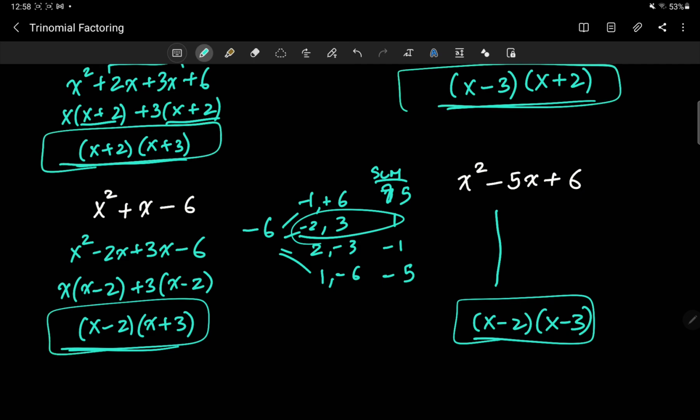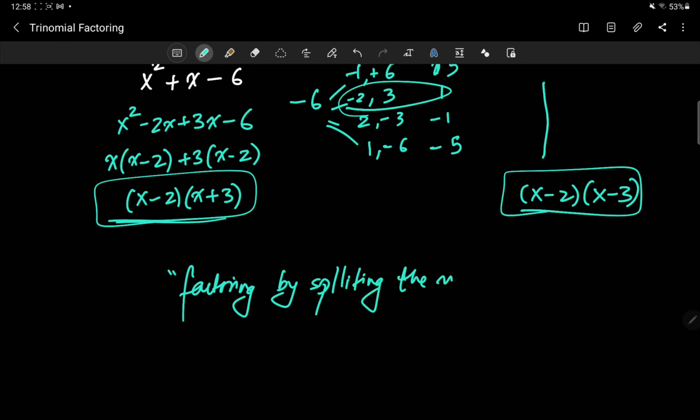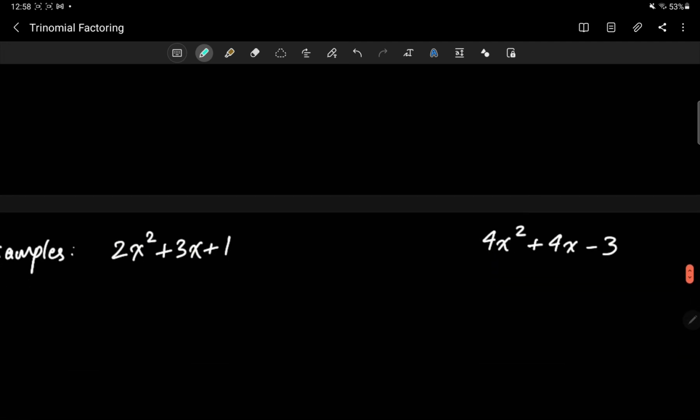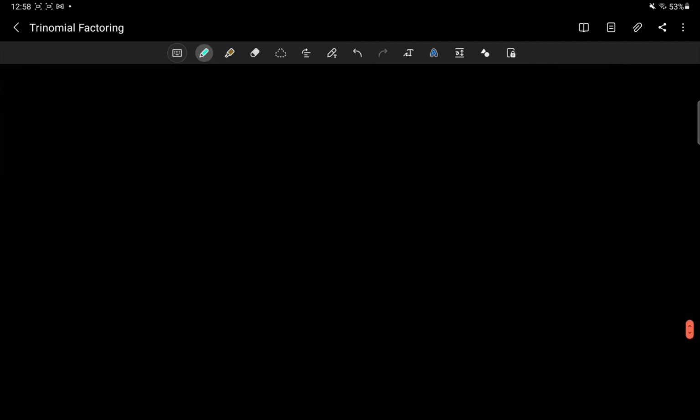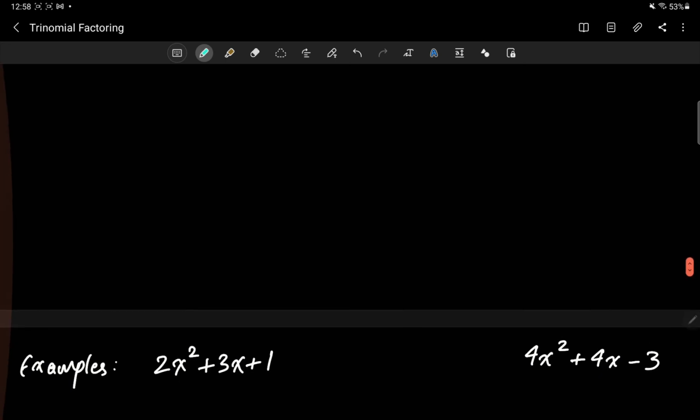Okay. So this method is called factoring by splitting the middle term. Now there's one more level for these kinds of problems, when you have something other than x squared as the first term.